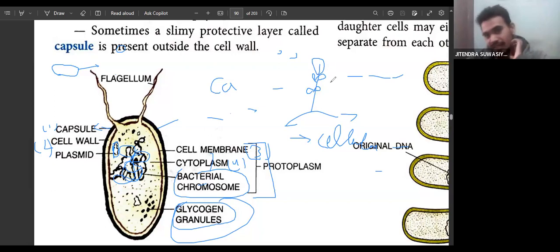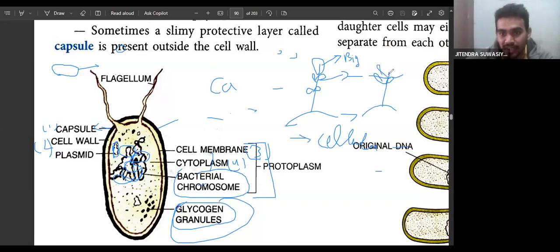I want the fruits of this mango plant to be big, but they are not sweet. So what should I do? I will take another mango plant, and I see that this plant has big fruits but also has too much sugar present in there.